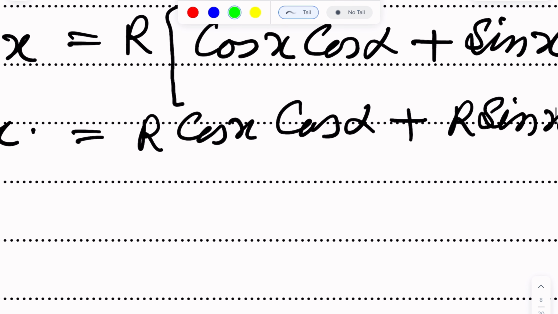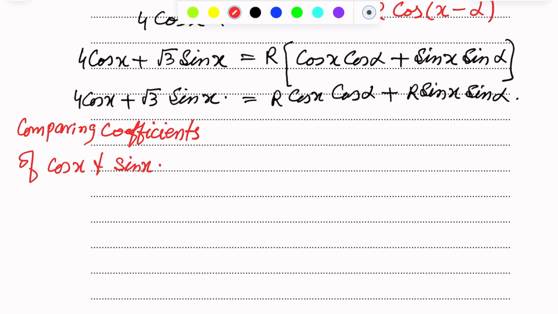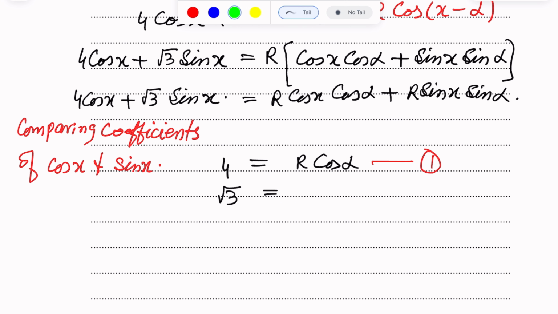On the right hand side, the coefficient of cos x is r cos alpha. So we can write 4 is equal to r cos alpha. Let this be equation number 1. And root 3 is equal to, comparing the coefficient of sin x, on the left hand side root 3, on the right hand side r sin alpha. Let this be equation number 2.